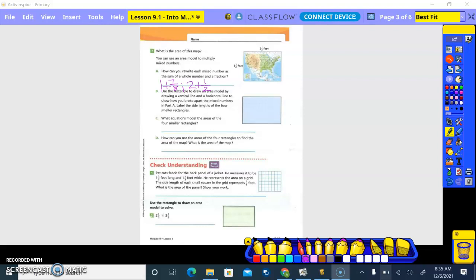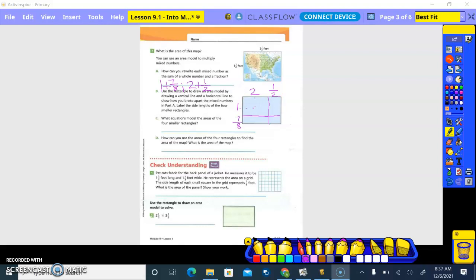Okay, so this is where you guys did these last year too. Basically, you're going to do your quadrants, kind of. So this one would be 1, this would be 2, this would be half, and this would be 7/8. Okay, so basically what we're going to do is multiply our things out.